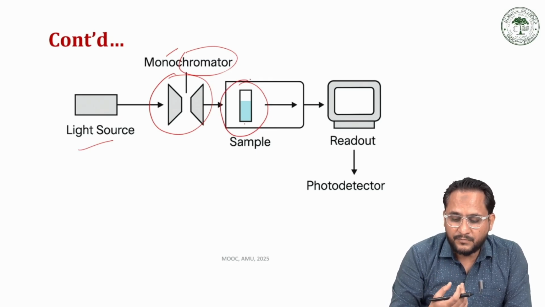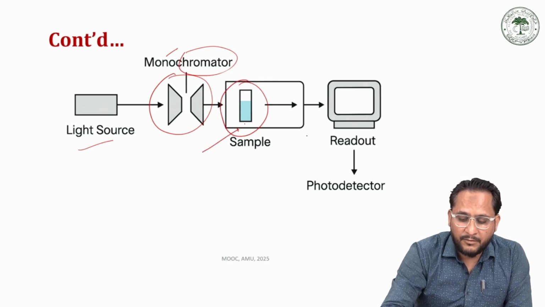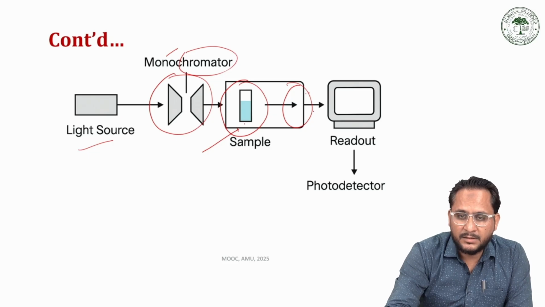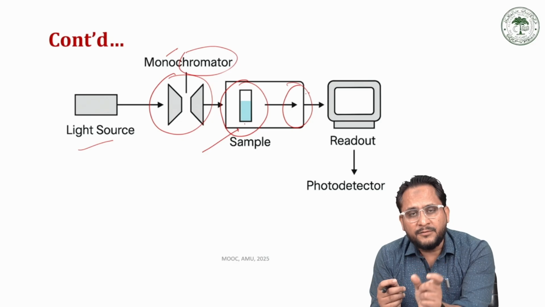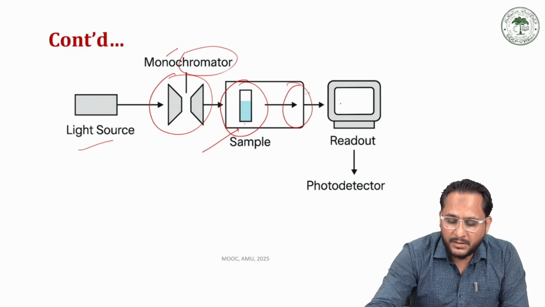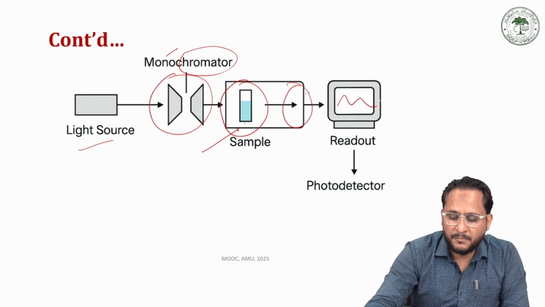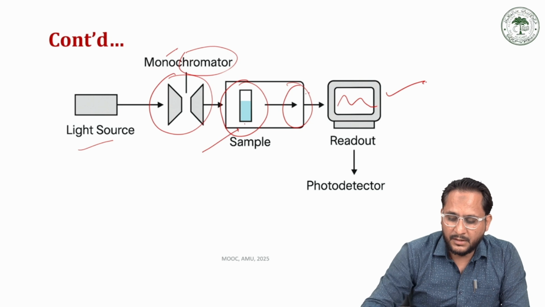Absorption will occur, and finally the transmitted light falls on the detector. This detector detects the transmitted light and identifies the missing wavelengths, and they are displayed in the form of a spectrum in the readout device or the computer.